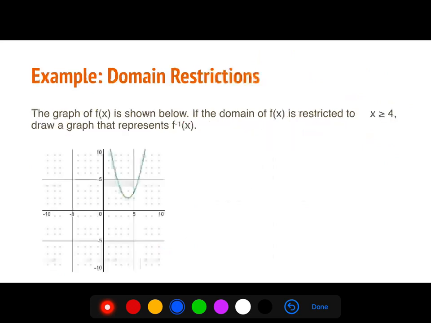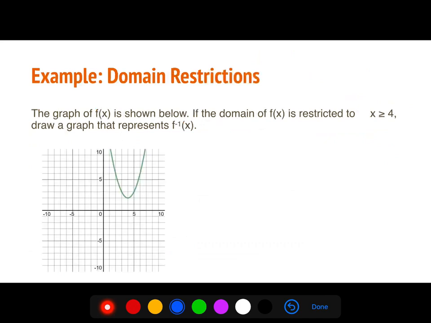That way its inverse will actually be a function. So let's see what that means. Well, I'm going to look at this one right here. If I draw a horizontal line, this one fails, and it fails miserably.